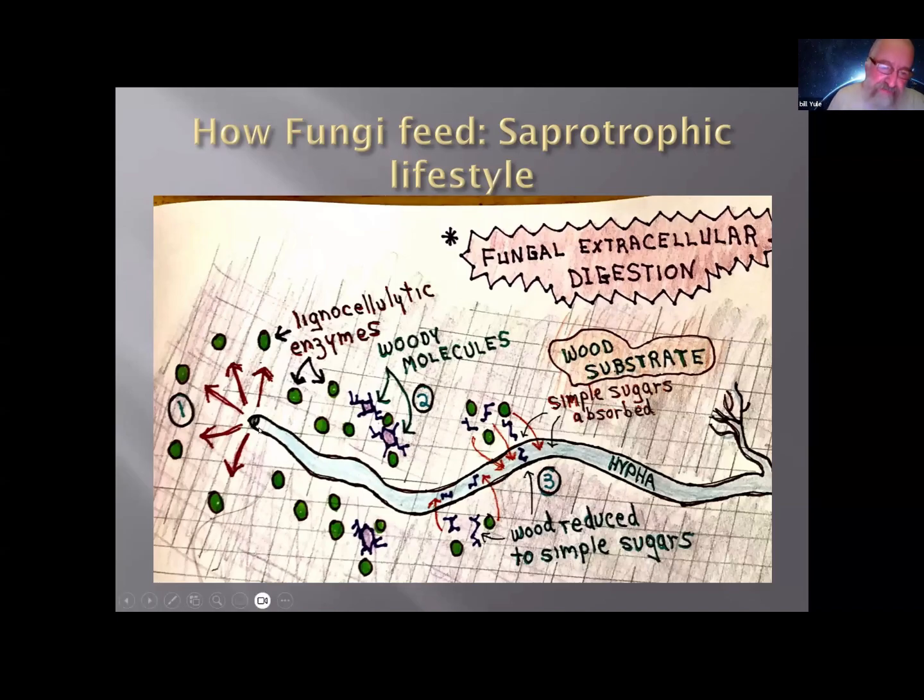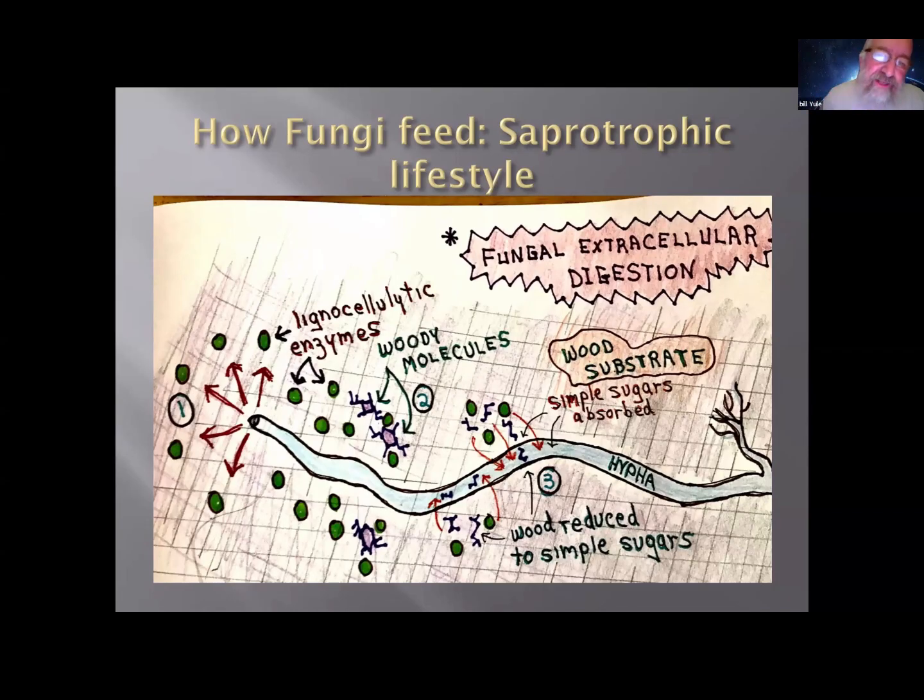The very tip of a hyphae is where the enzymes are extruded or excreted into the substrate. And in this drawing, we're on a piece of wood, and the hyphae is lying on that piece of wood. And these are enzymes that the fungus just excreted from its tip.